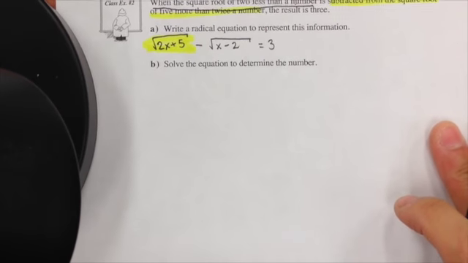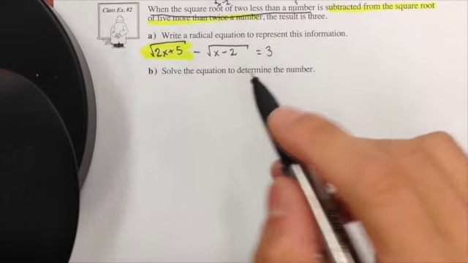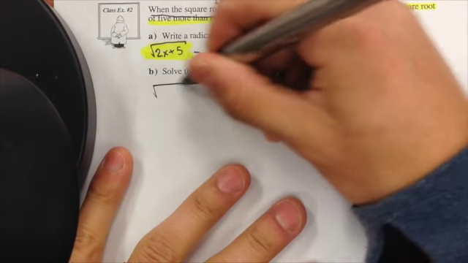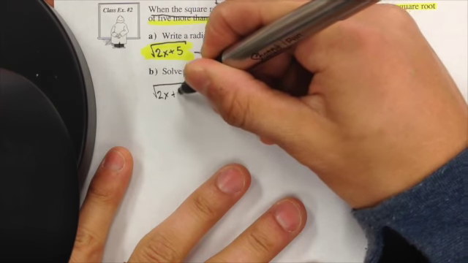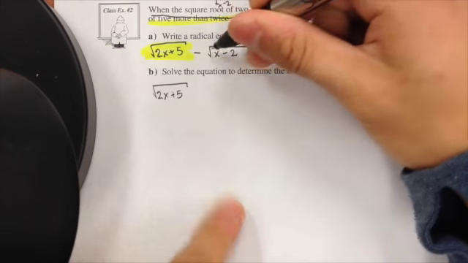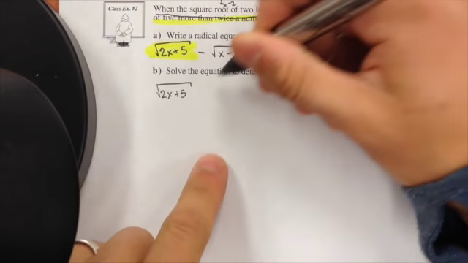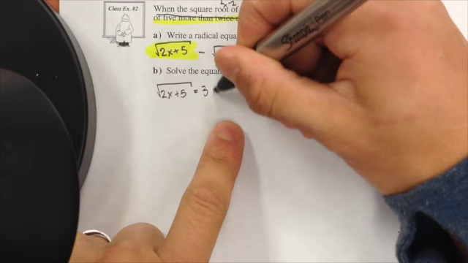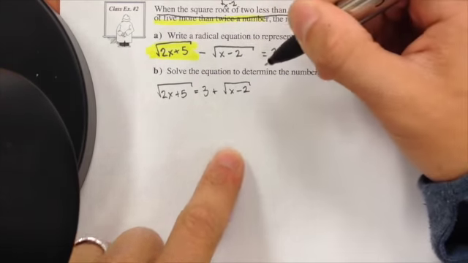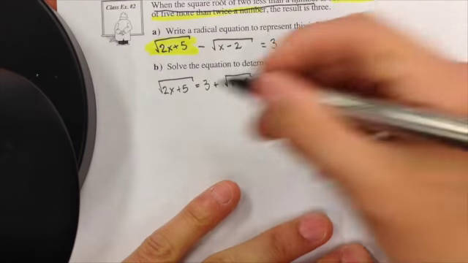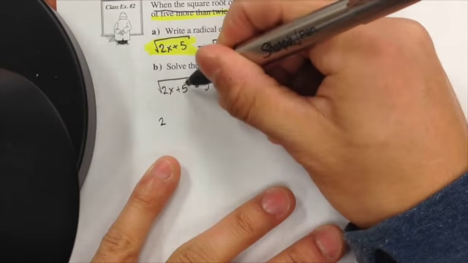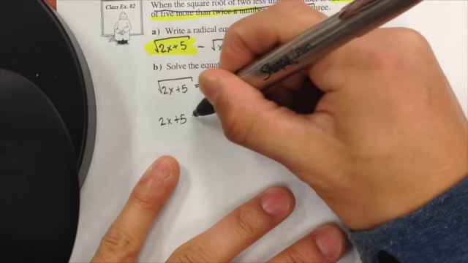Now, remember, the first step is to balance this out. In order to do this, we need to isolate one of our radical terms. So I'm going to add this term over here. That's going to give me 3 plus the square root of x minus 2. And I'm going to square both sides. If I square this side, I'll be left with 2x plus 5.